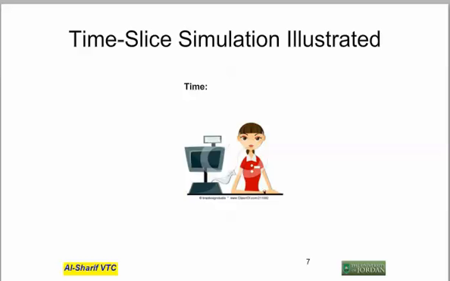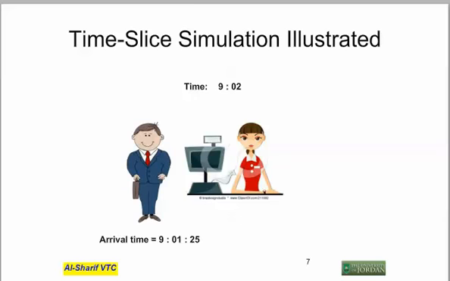If we go back to our example with the receptionist and the customer, we can see, for example, we start at time 9 o'clock, and 1 minute past 9 nothing has happened, but still we actually updated the system. 2 minutes past 9, in fact the passenger arrived at 9 hours 1 minute and 25 seconds. But obviously, because we're only revisiting the system every minute, that is a disadvantage, by which we don't record the exact time of arrival of the passenger.